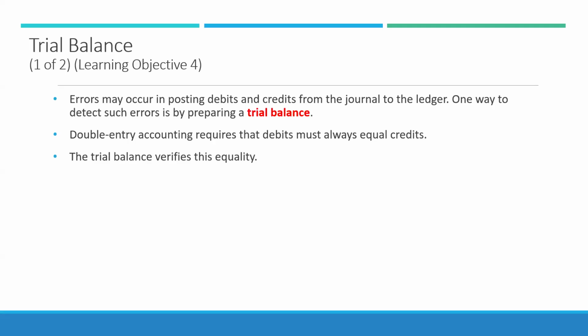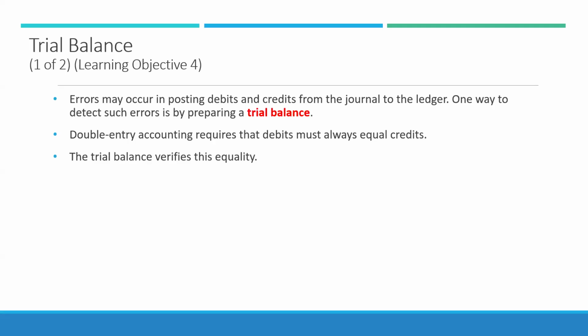Once we are done creating our journal entries and posting them, all accounts then have an ending balance. We are going to create a trial balance, which is just a list of every account and the balance of debits and the balance of credits.